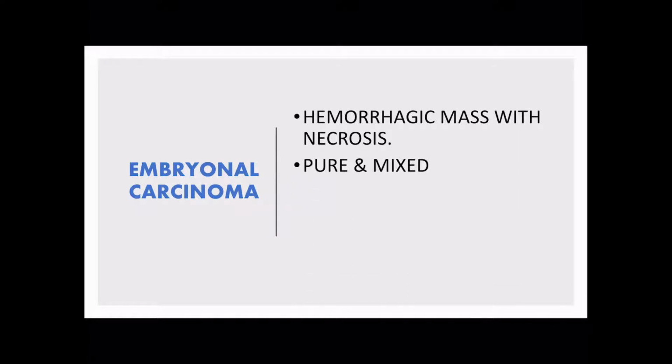We can divide these tumors in two groups. First of all, pure embryonal carcinomas that are very rare, and mixed embryonal carcinomas that may show up on the exam like a histology slide with a mixture of different tissues. If you get something like that, just go for mixed embryonal carcinoma.